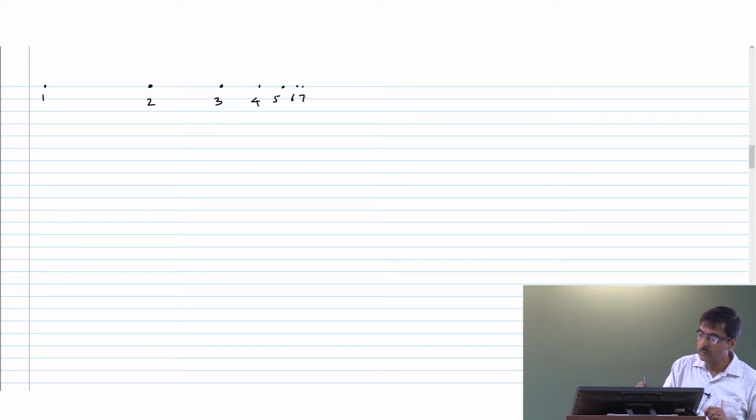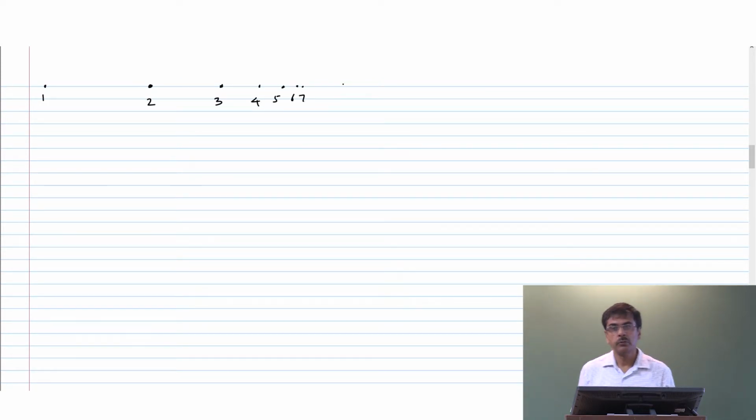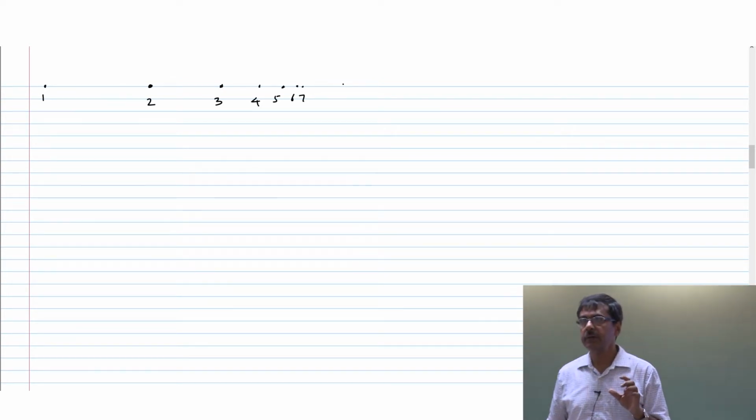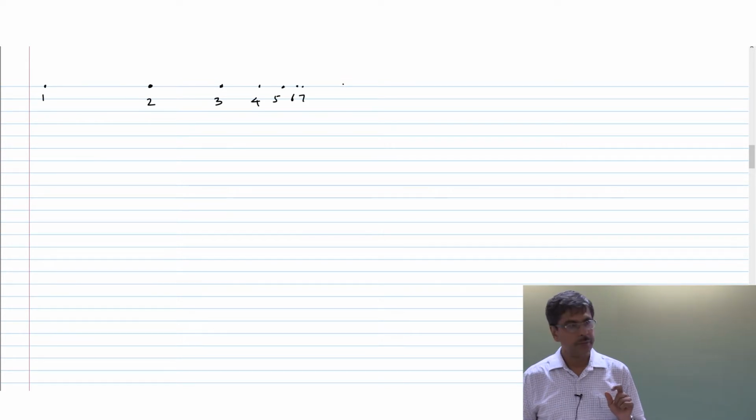How is it so? To give you a simple example, maybe I can just use a linear ordering. Suppose the points are of this nature, and suppose I am inserting the points in this order, and so on and so forth. As I keep inserting the points, every time the closest pair distance is going to change.